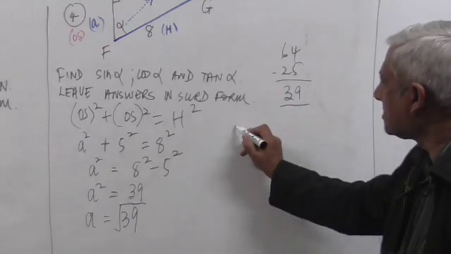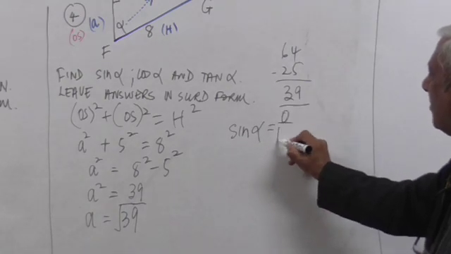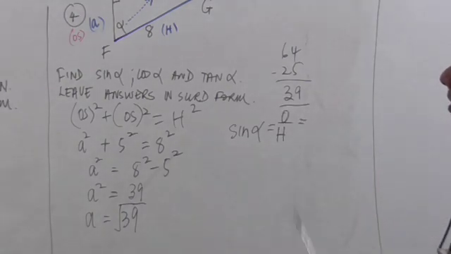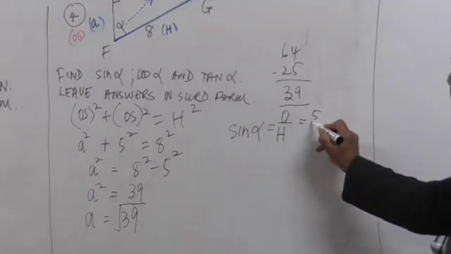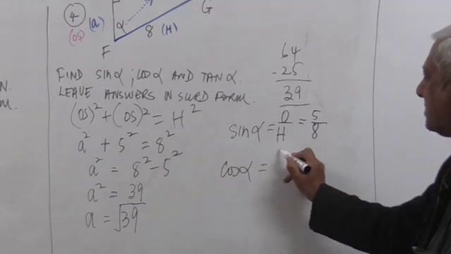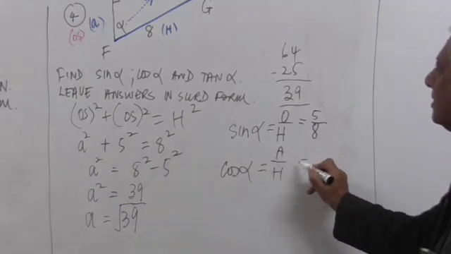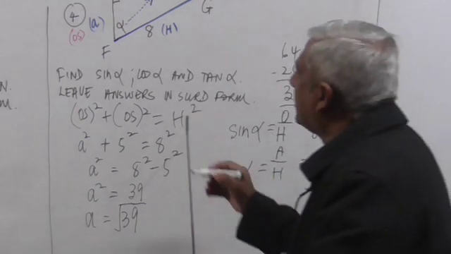Now you want to find the answers. Sine of alpha is equal to opposite over hypotenuse. Opposite is 5, hypotenuse is 8. Cos of alpha is equal to adjacent over hypotenuse. Adjacent, we just found that. Adjacent is square root of 39. We should have put it in the diagram.